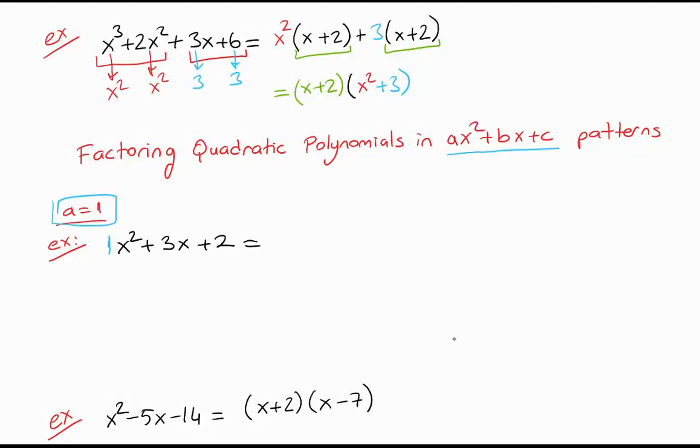So when we are factoring, these are my factors for 2, and these are my factors for x squared. So this 2 and 1, when I multiply them, I will get 2, but when I add them, I will get 3.